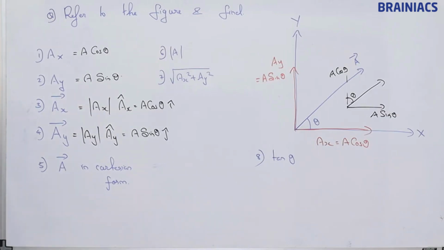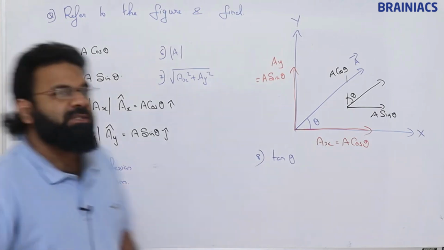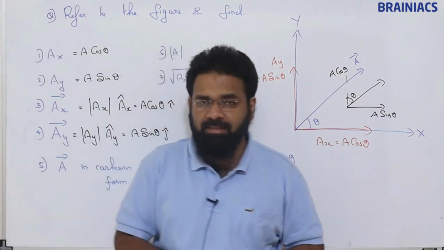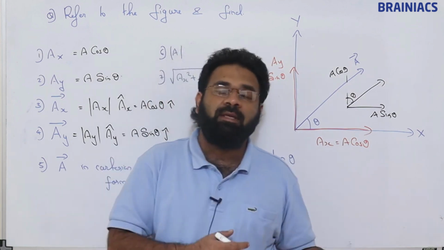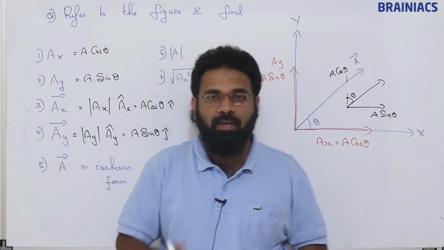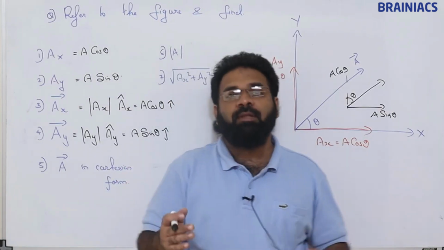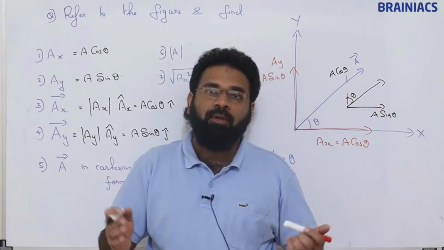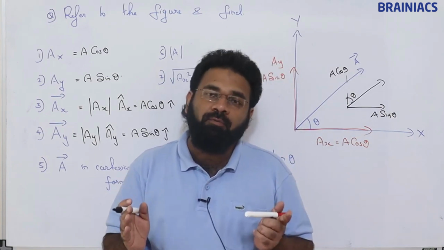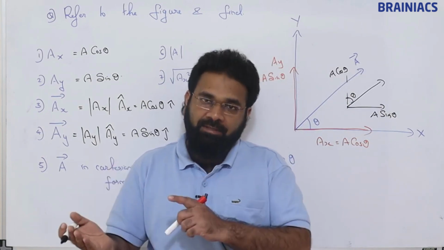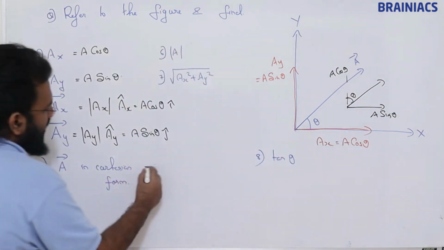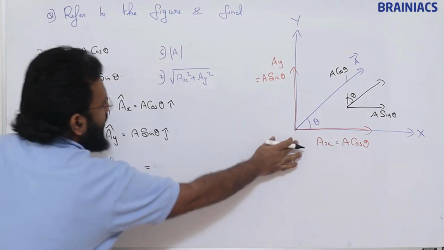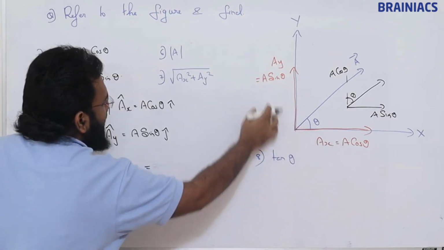Okay, so now what we need to write is a in Cartesian form. Cartesian form is nothing but in the form of i, j, k. We have seen 3i plus 2j plus 3k, writing the vector together with all the components of its vectors with its directions. So here vector a has its x component, horizontal component, and vertical component.